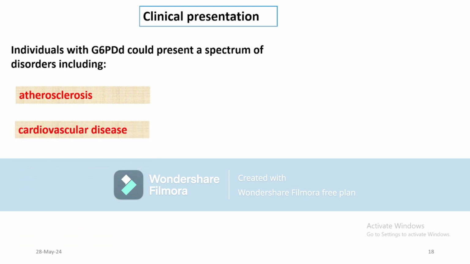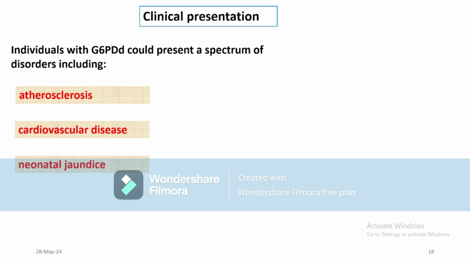Then cardiovascular disease. Always when there is hemolysis, your hemoglobin level may be low, so there's poor perfusion to the heart. As time goes on, if it continues like that, the heart may stop working, and it leads to cardiovascular disease.